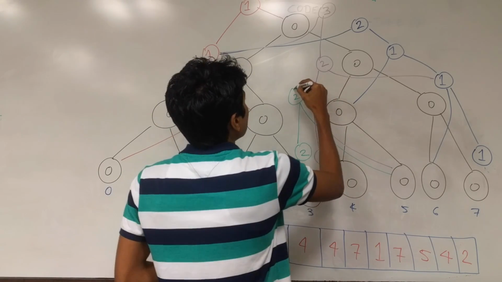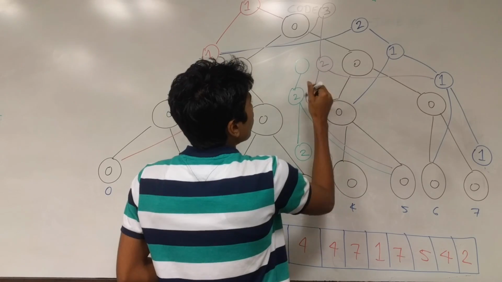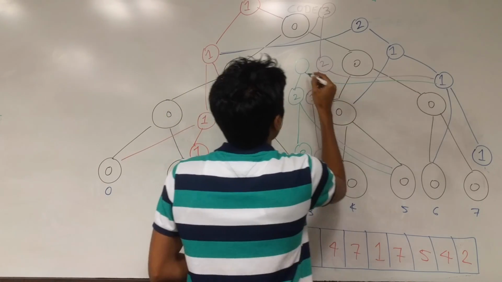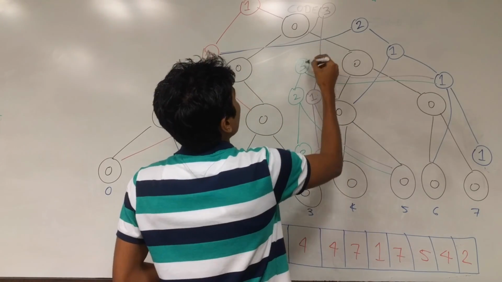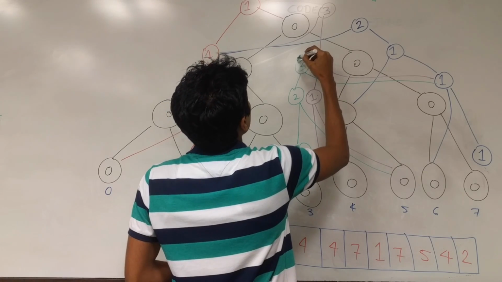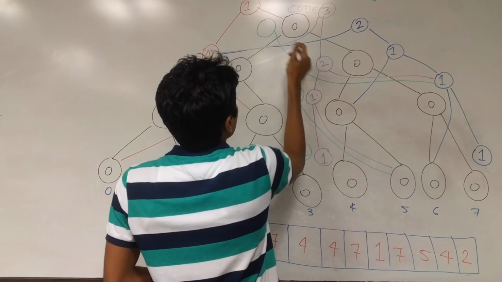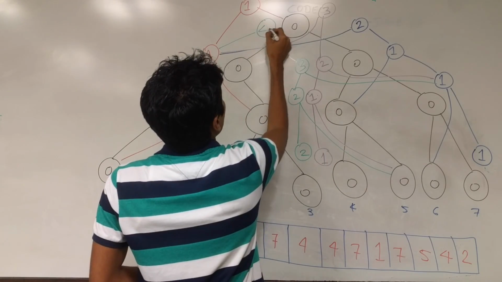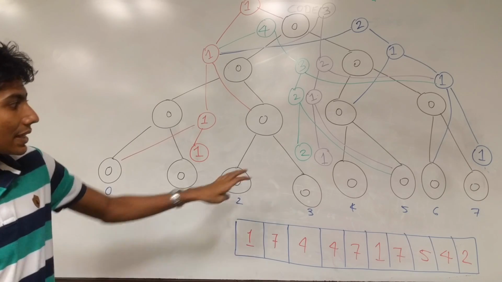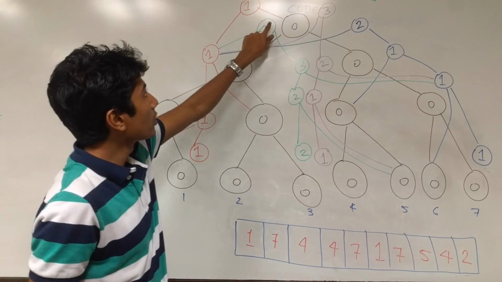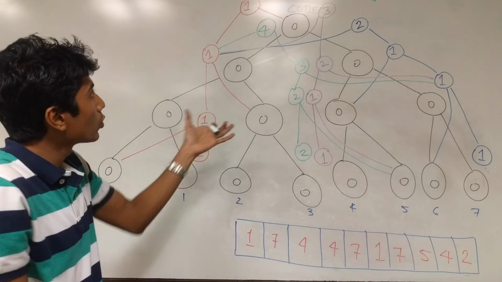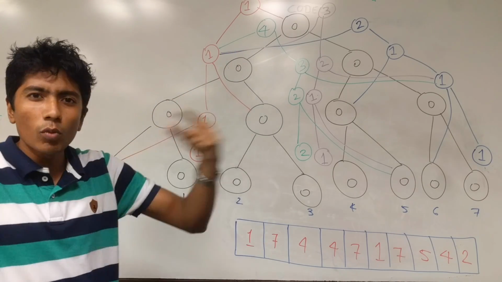Now its parent in turn is going to be containing 2 plus 1, which is 3. And finally its parent, which is somewhere over here, let's say, contains 3 plus 1, which is 4. So you see that the frequency at the root, I mean the total number of nodes at the root, has become 4 now. So it's incrementing 1 by 1 by 1.